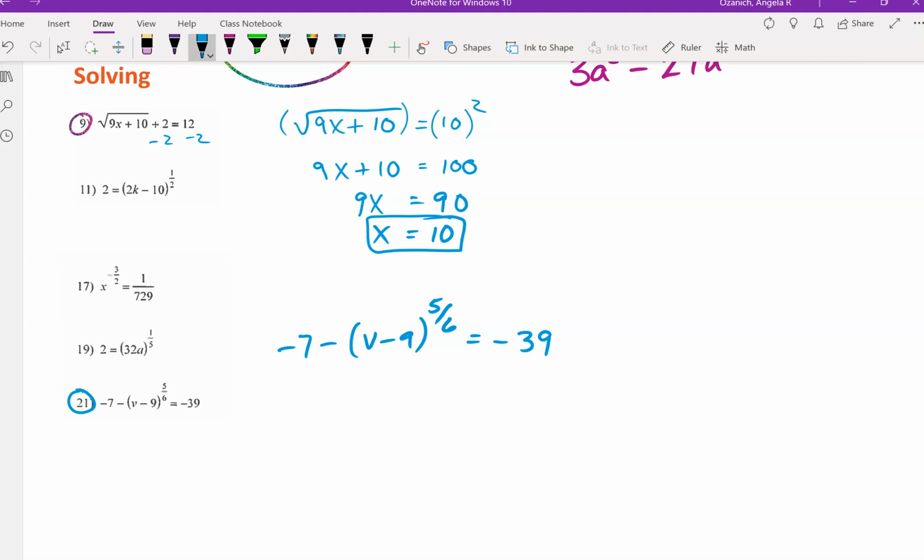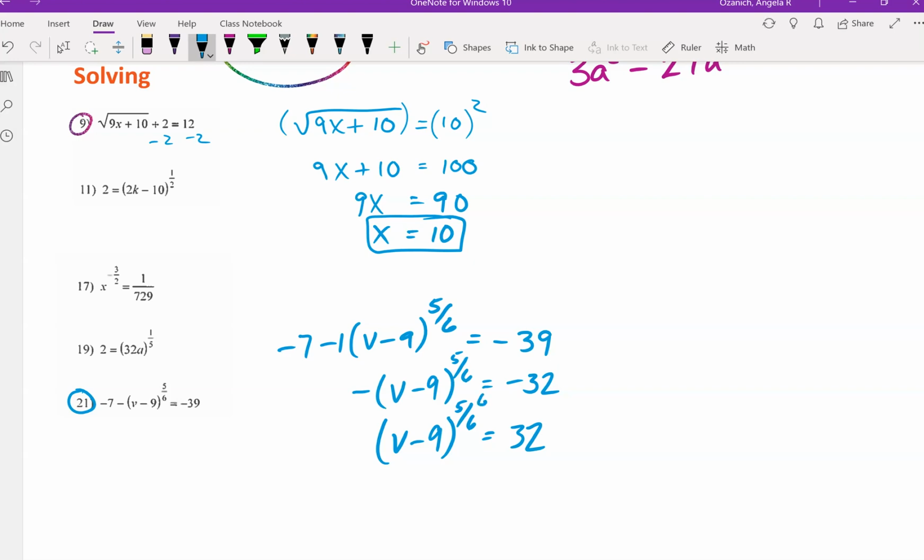So I'm going to add 7 to both sides, and also I'm going to divide by a -1. So right now we have that -1 still attached as we add 7 here. Make this a -32. And then my b, as I divide by a -1, I get a +32.